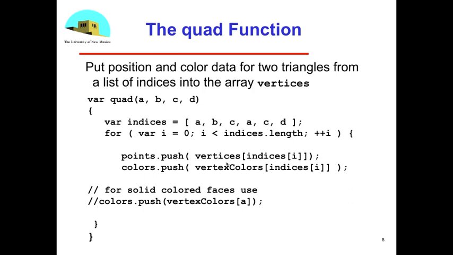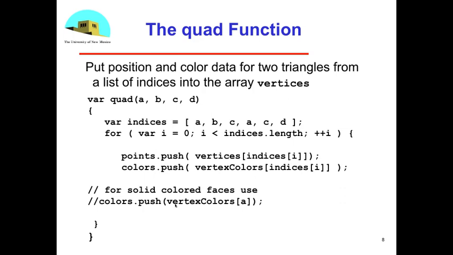And now, which vertex am I going to push? I'm going to push the ith vertex from this list, and colors I'm going to point to in the same way. I'm going to put in the ith color. So for vertex A, it'll be 0, 1, 2, 3, and so on, and I'll put in that vertex in that color.